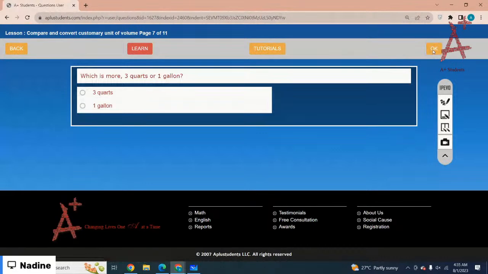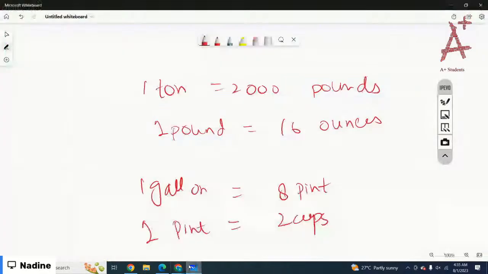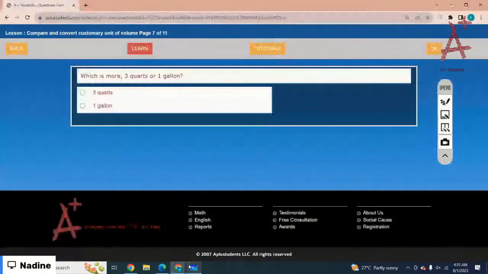Which is more, 3 quarts or 1 gallon? Which is the correct option? 1 gallon equal, no, that is from quarts to gallon, not from pints. 1 gallon equal 4 quarts.